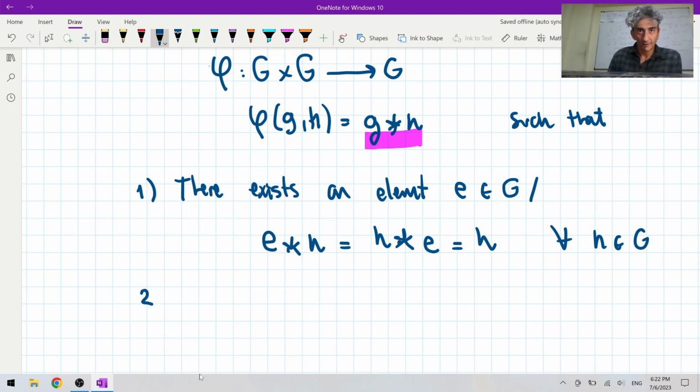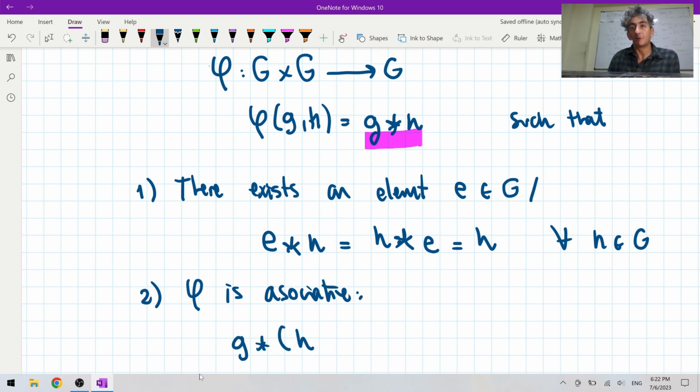Second of all, phi is associative. That means that whenever you need to make this operation, (g star h) star k equals g star (h star k).